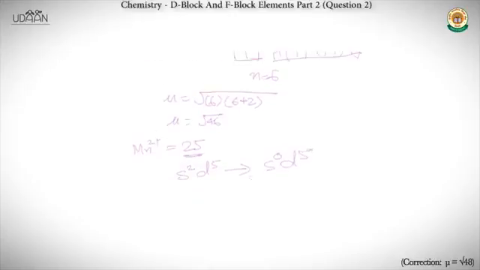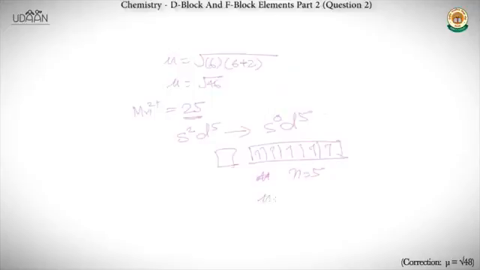So there is no electron in s, and there are 5 electrons in d. So the number of unpaired electrons is 5, so n is equal to 5, and mu is equal to under root of 5 into 5 plus 2, that is under root 35.